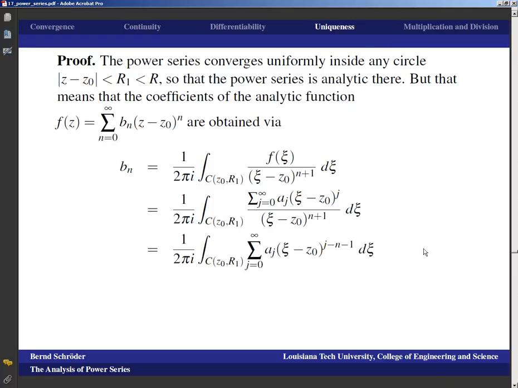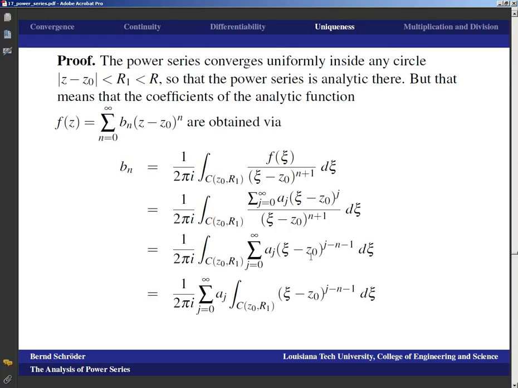And we realize we can integrate that. Well, we can first simplify. That's 1 over 2 pi i times the integral over the circle of the sum j equals 0 to infinity a_j (zeta minus z0) to the j minus n minus 1. We just combined all that. And that can be integrated term by term also. Even though we potentially encounter negative exponents here, we would just split off the sum with the negative exponents, which is a finite sum.